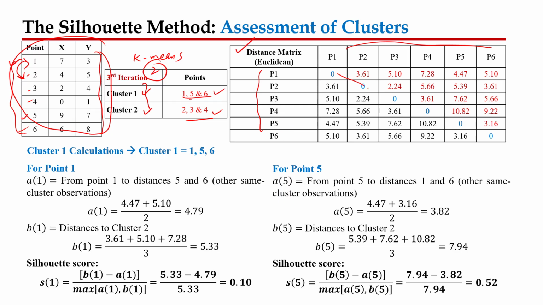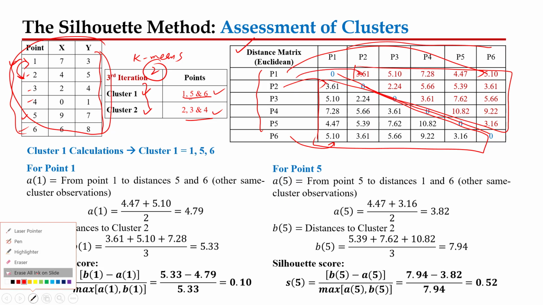The diagonal values are always going to be 0, because the distance of observation 1 with itself is obviously 0. The upper triangle and the lower triangle are going to be the same because this distance matrix is symmetric in nature, which means the distance from 1 to 6 as well as from 6 to 1 is the same. Similarly, 2 to 1 and 1 to 2 is the same distance.